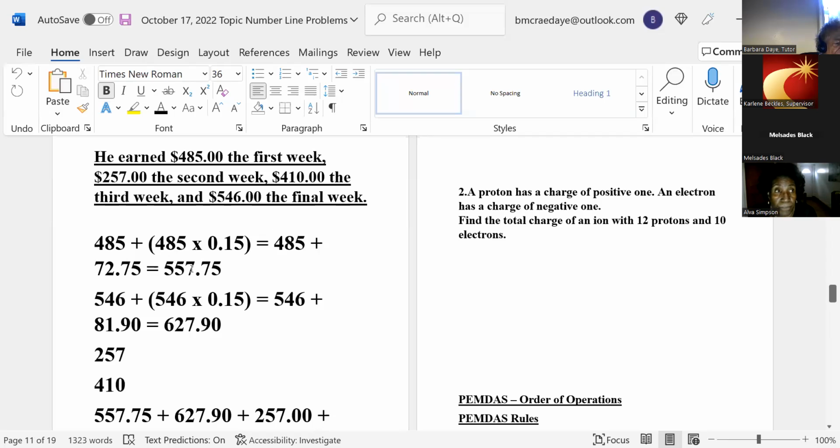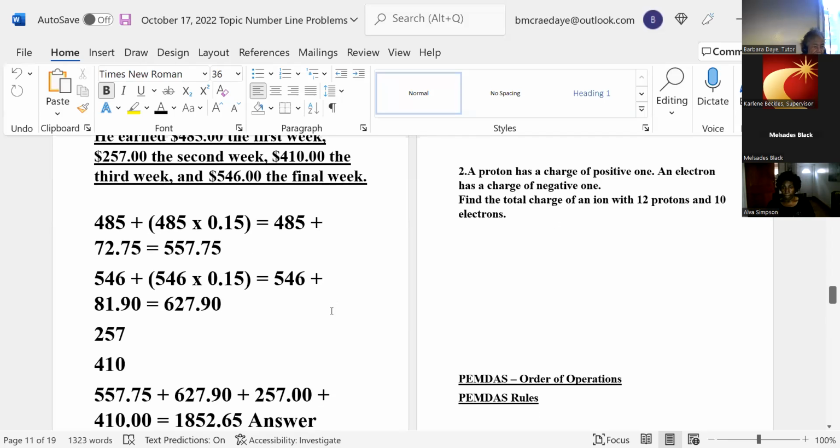That's how you got the 557.75. And you did the same for the 546, because that exceeded the 475. 15% of the 546 is $81.90, added to the 546. So after you multiply by 0.15, you get 72.75.